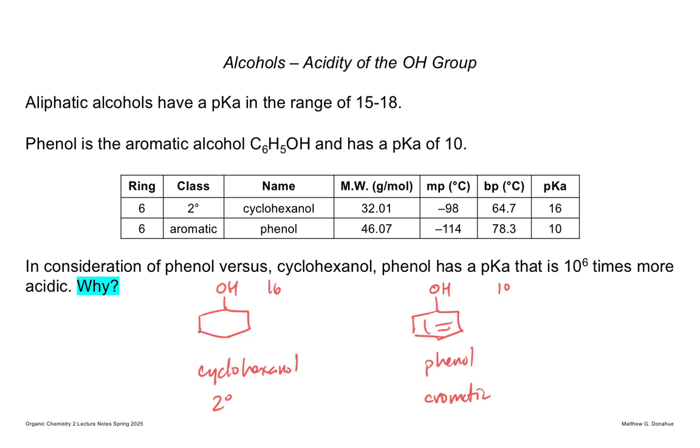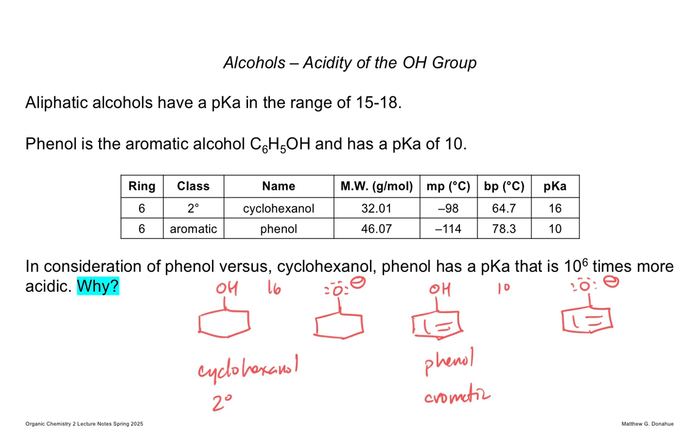So let's draw those structures out. So imagine I'm deprotonating the H and I'm left with the alkoxide. Now, is there something of those structures that we can use to explain that big difference in acidity?